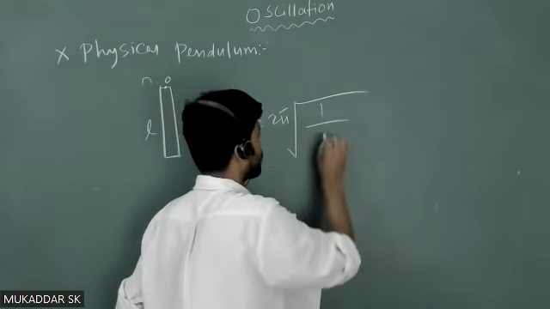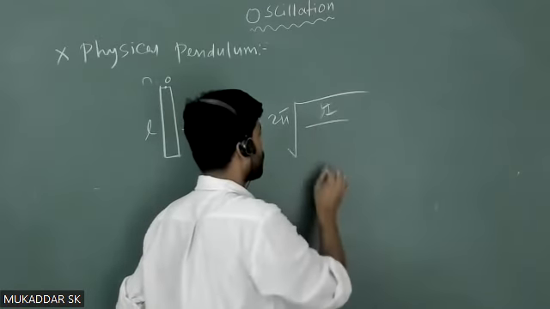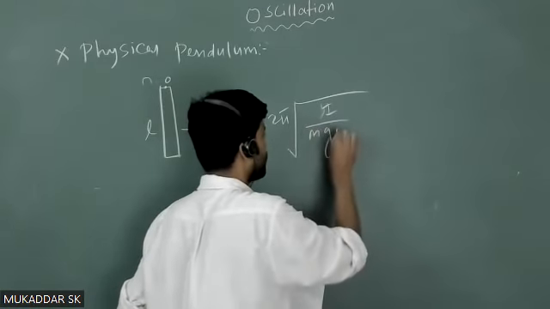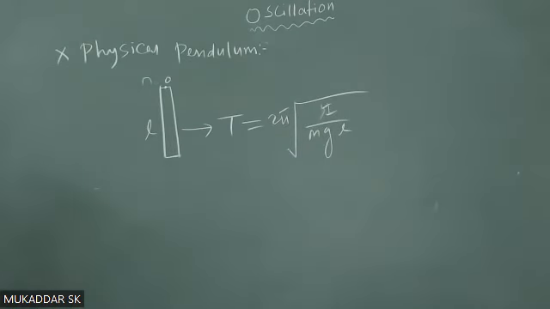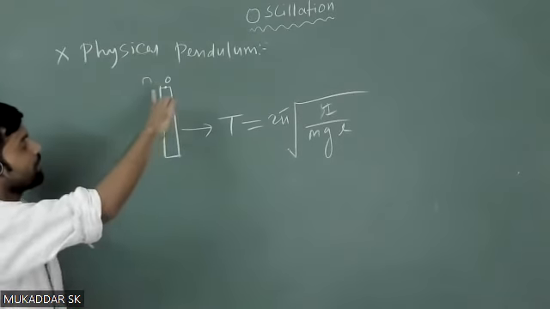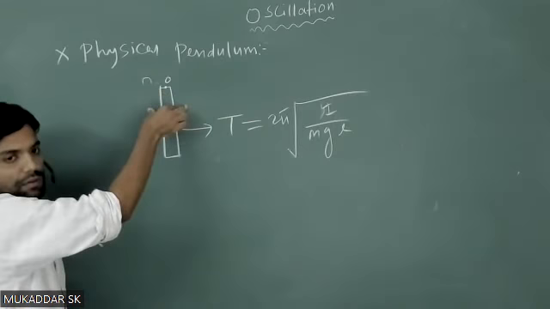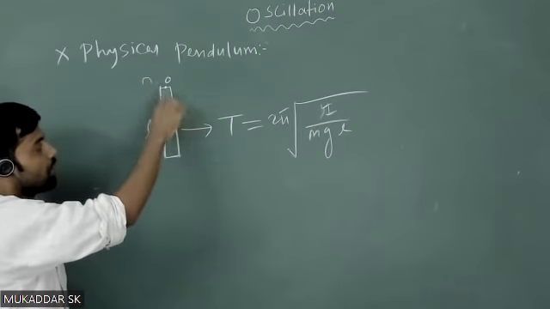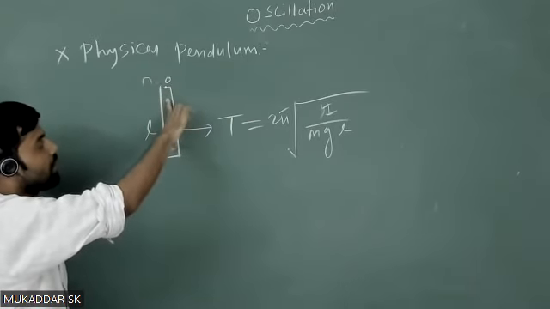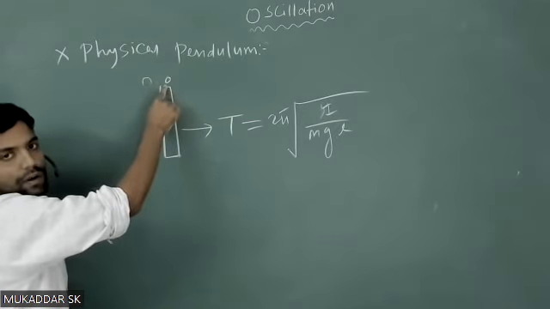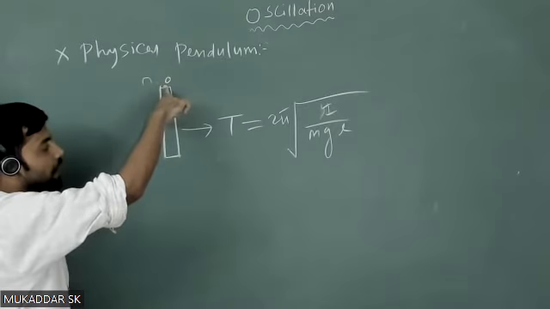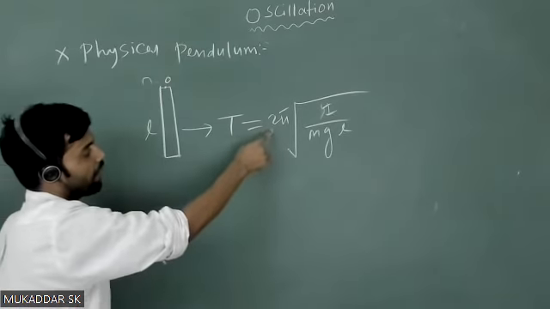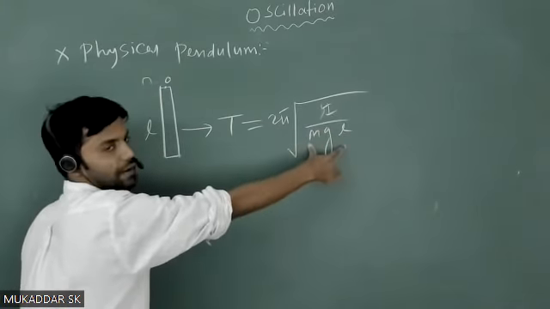I by mgL, right? I have taken a physical pendulum. A physical pendulum can be of any shape. So I have taken a rod, its length is L. One end is the point of suspension. Now if you rotate this rod, it will oscillate, and the time period of oscillation is 2 pi under root I by mgL, right?